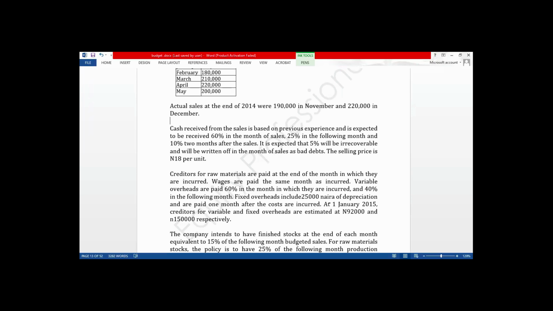That means the overhead cost for January will be paid in February. The overhead cost for February will be paid in March. So minus 25,000 from February and March. 200,000 minus 25,000 is 175,000.